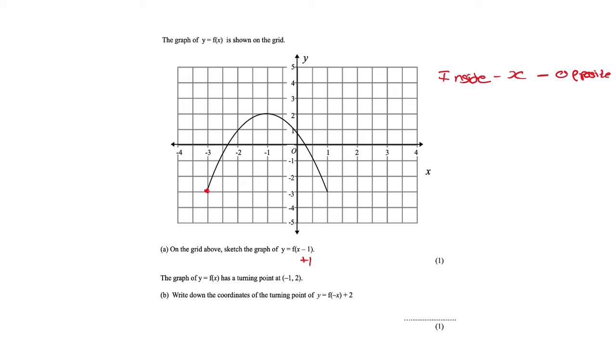So we have -3, 1, -1 and 2. We're going to change the x values and we're going to add 1 to them. Okay, so -3 add 1 is going to take us to -2. -1 add 1 is going to take us to 0, and then 1 add 1 is going to take us to 2.